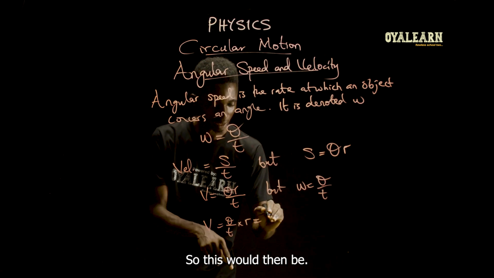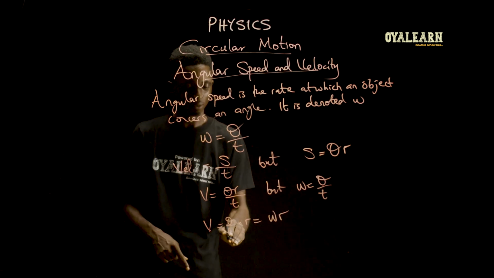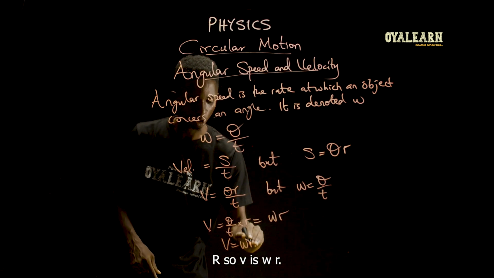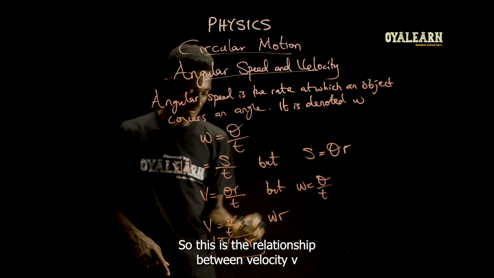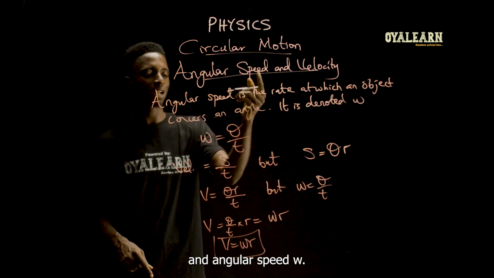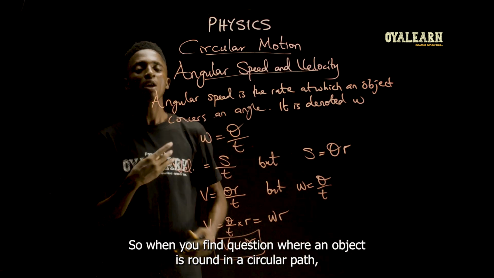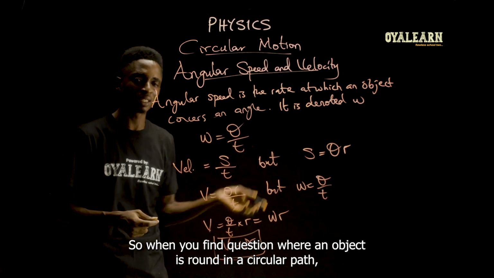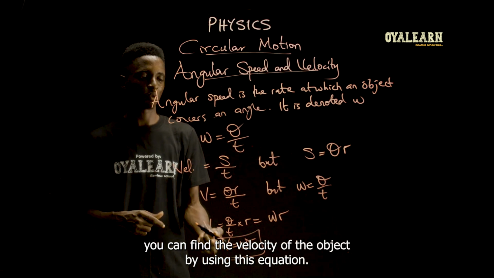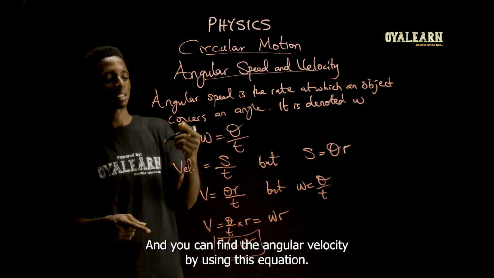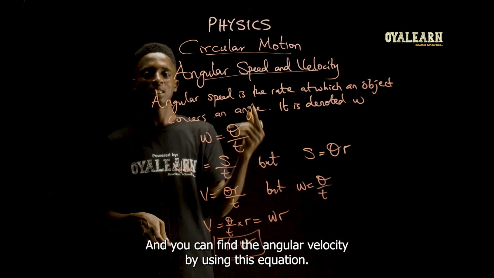So this will then be wr. So v is wr. This is the relationship between velocity v and angular speed w. So when you find a question where an object is rounding a circular path, you can find the velocity of that object by using this equation, and you can find the angular velocity by using this equation.